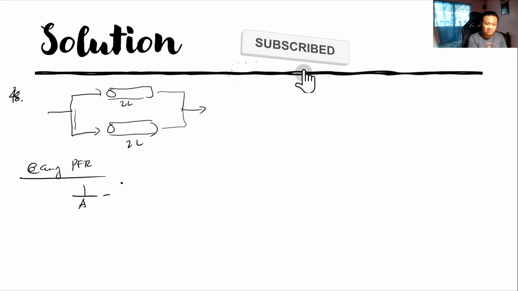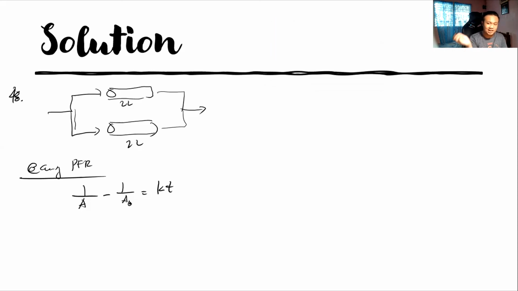I threw this at you earlier, so don't panic, you know how this was derived. So 1 over CA is 0.5, and then 1. And then k is 0.05 from the rate equation. Then tau is the residence time, which is 2 liters over VO1.